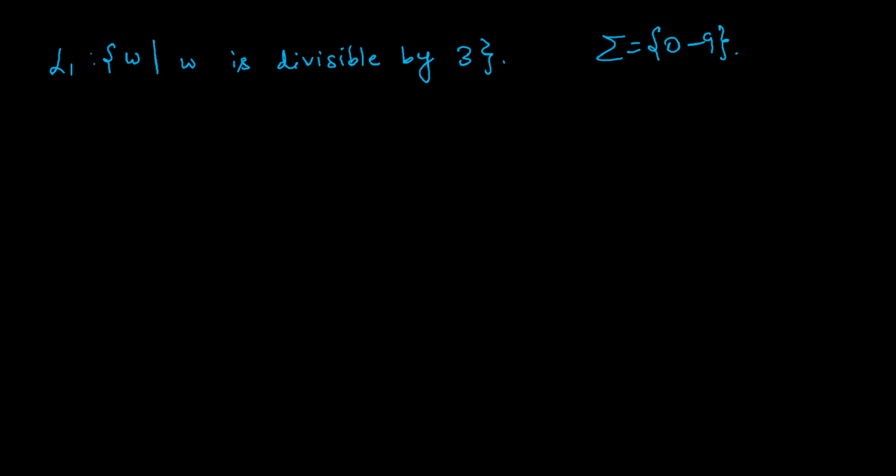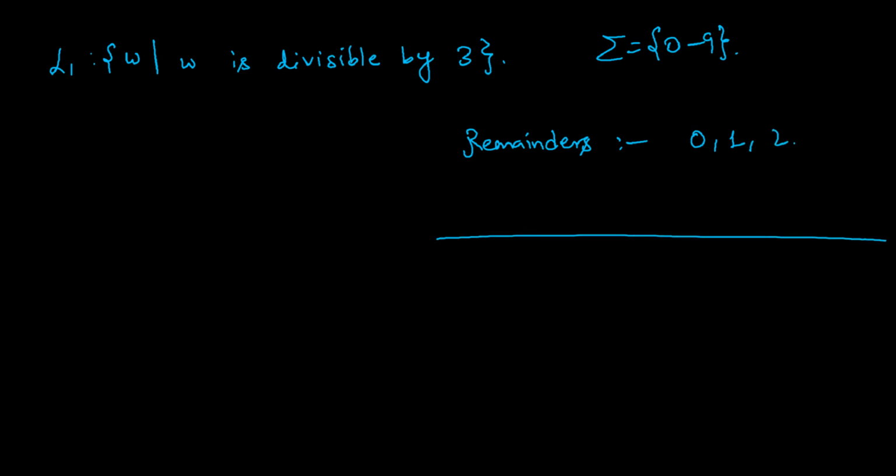Now you know that if you divide any number by 3, the remainders are 0 or 1 or 2, right? So if you take any number, what would be the remainder? What are the symbols?